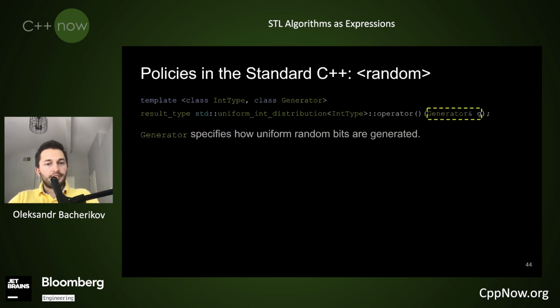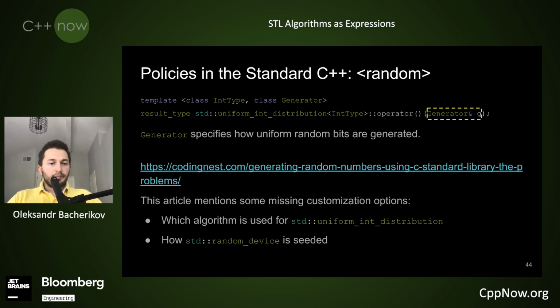Next example we can see in the random header, where we have generators that specify how the uniform random bits are generated. But I've read an article which criticizes this library and mentions some missing customization options. First one is which algorithm is used for uniform distribution.